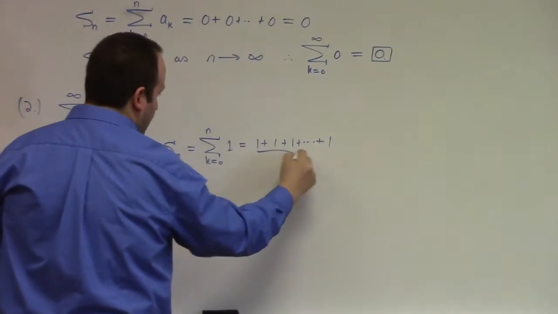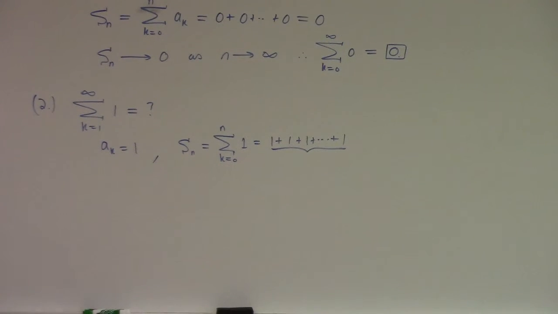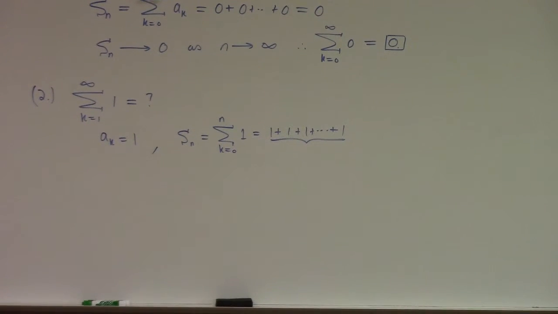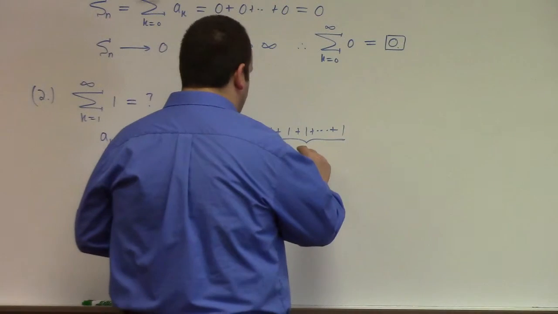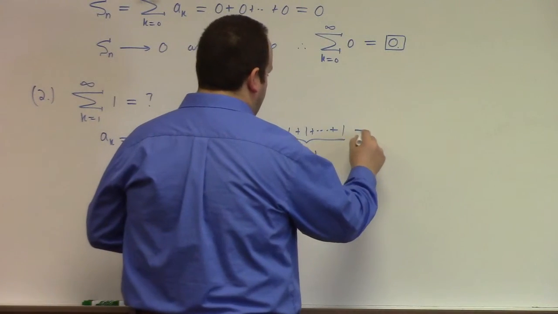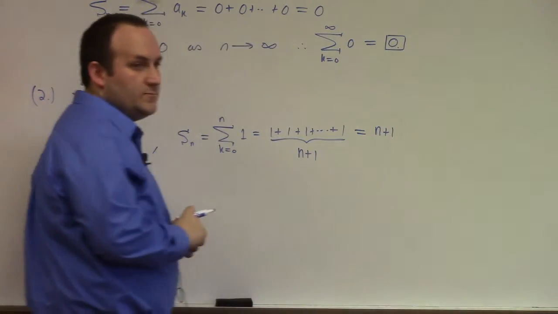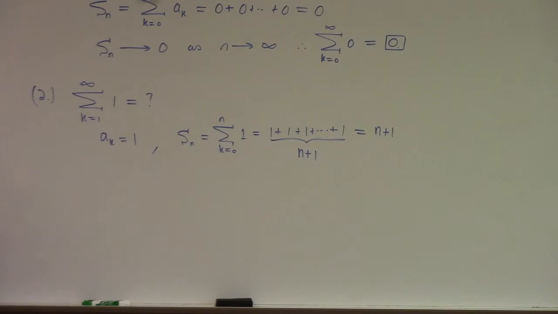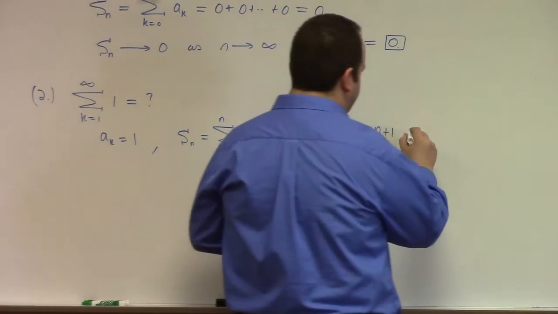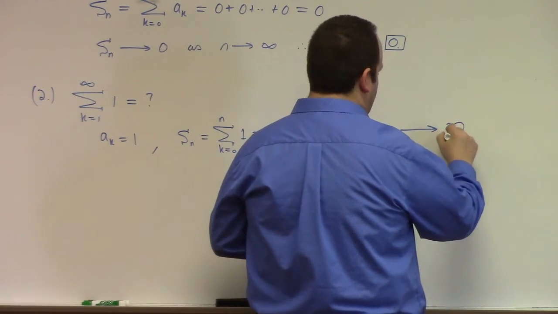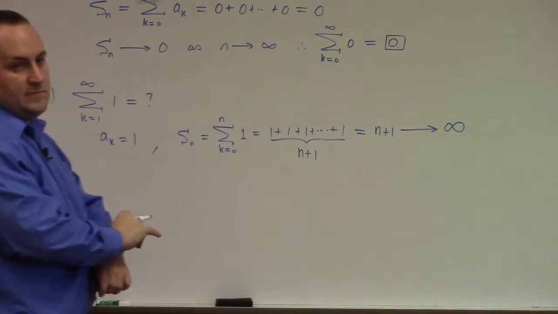How many ones are there if we're summing from k equals 0 to n? N is almost right. It's n plus 1 of them. So in fact, this is n plus 1. What happens to that as n goes to infinity? This goes to infinity.